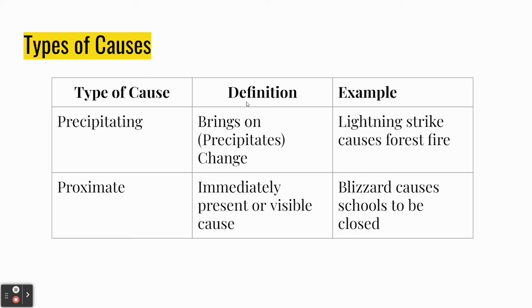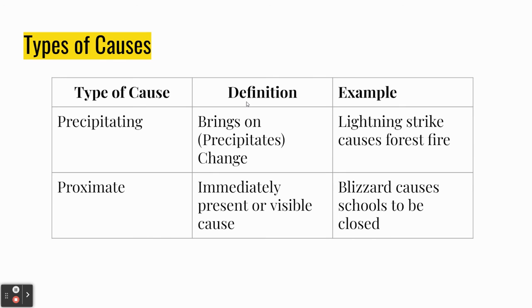Precipitating. It causes some changes. All right, so the pandemic was a precipitating cause of all sorts of changes in people's lives. Lightning strikes cause forest fires. It's a precipitating cause. Proximate means that we can see right away that X caused Y. If we have a blizzard, schools across the Dakotas and Nebraska get closed.